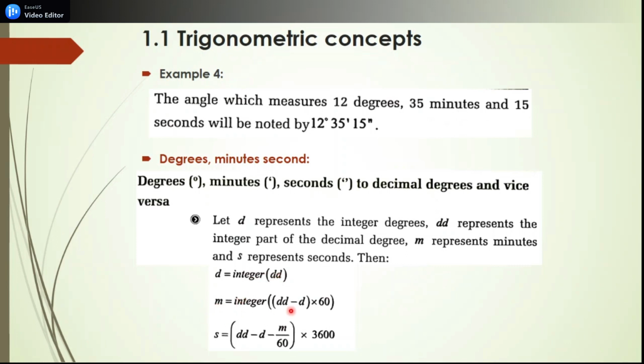M is the integer of this operation: decimal degree minus integer degree, times 60. Second can be calculated by decimal degree minus integer degree minus minutes over 60, times 3600.